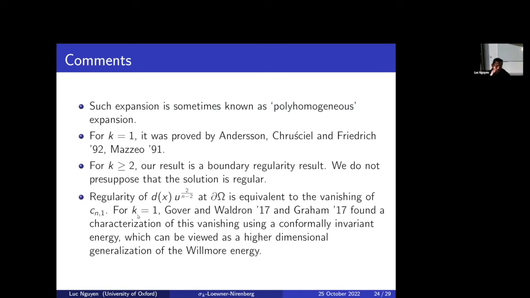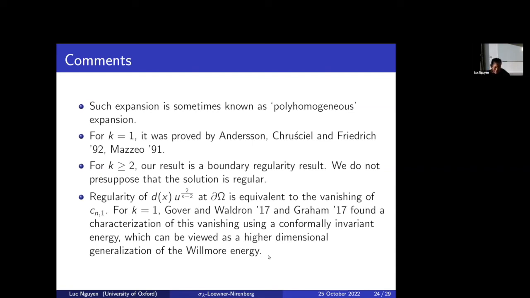So for k equal to 1, recently, 5 years ago, Gover and Waldron and Graham independently found a characterization of the vanishing of this coefficient C_{n,1} using a conformally invariant energy. So in particular, when n is 3, their energy is the Willmore energy.